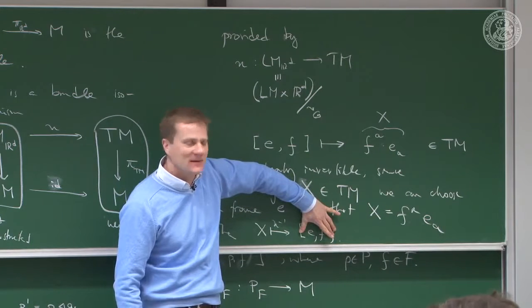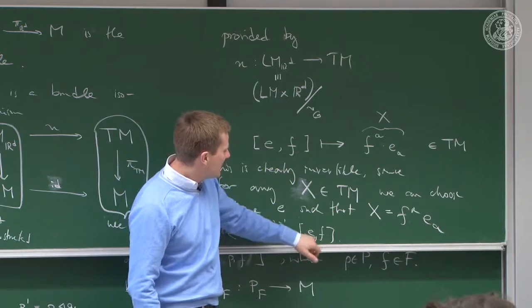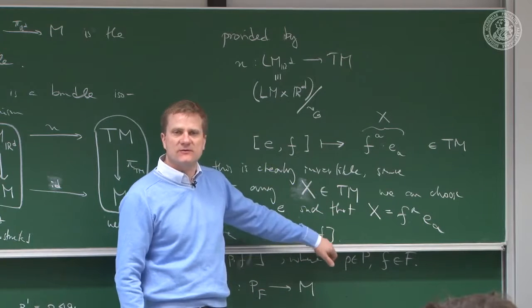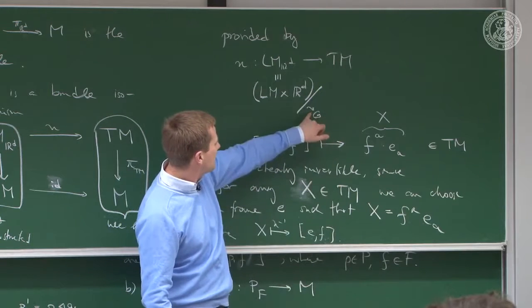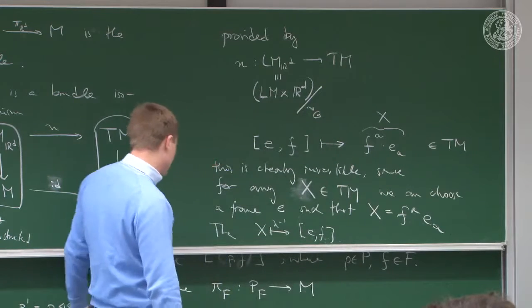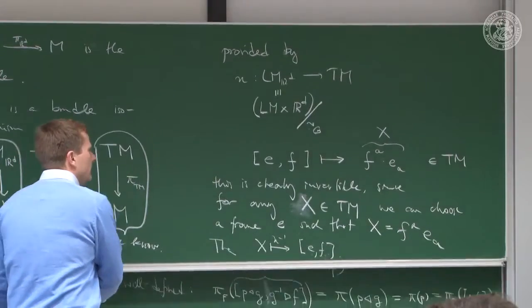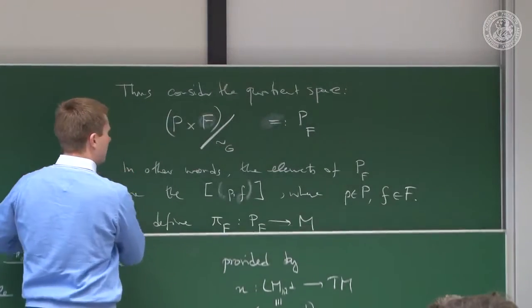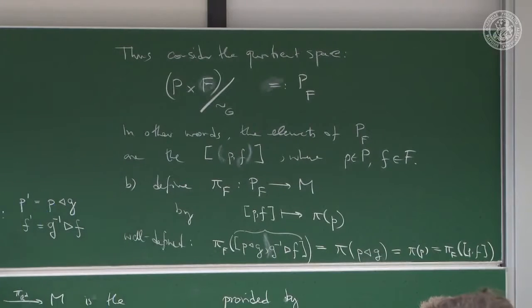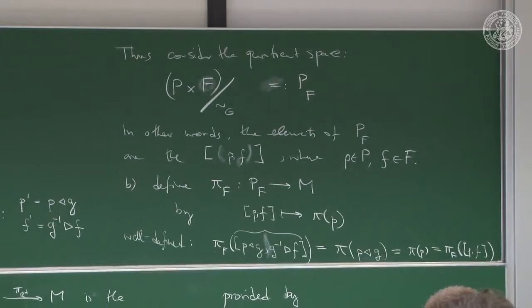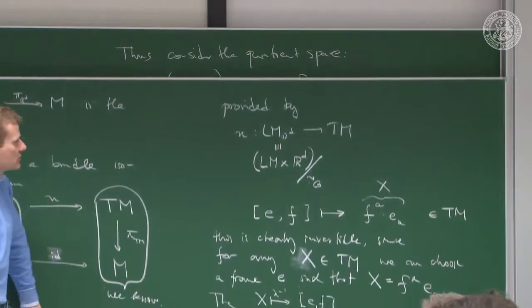of frame. However, I associated with it the equivalence class of the pair (E, F), and this definition of the equivalence class by virtue of this equivalence relation, I think it's still here on the blackboard, exactly provides for all the other choices you could have made and identifies all these choices.